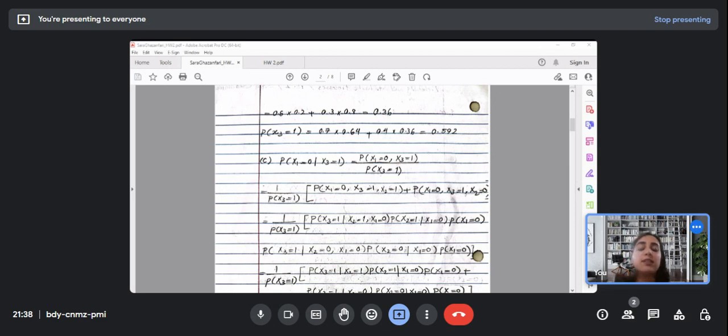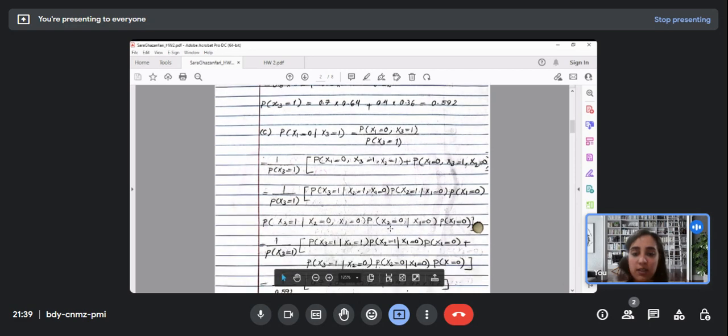But as you may have noticed, we can omit the x1 from this probability because the probability of x3 given x2 is enough, and it's independent from x1, so we can omit it and write it in this form.